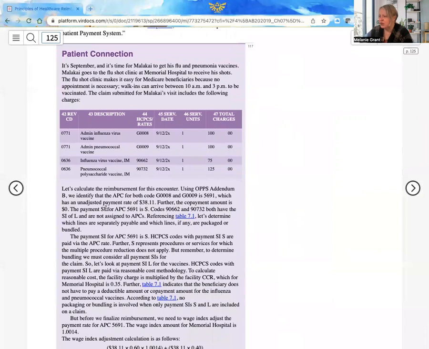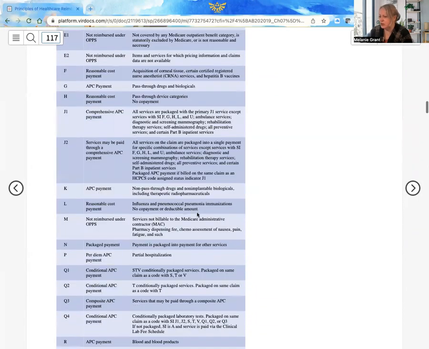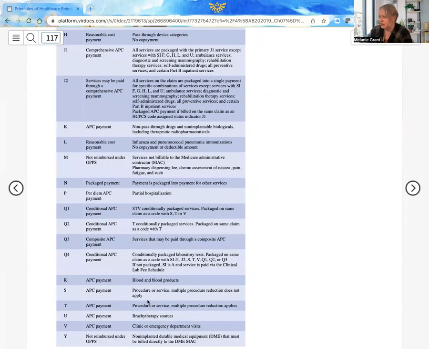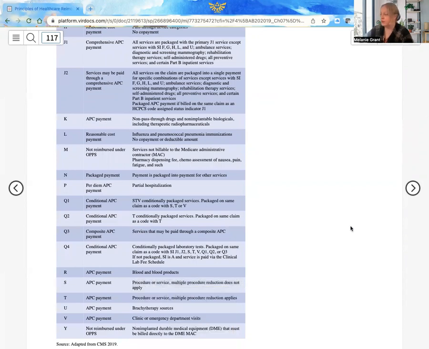With these types of service, there is no copayment because it has a status indicator of S. We can reference table 7.1 here to see what that looked like. So an APC payment, procedure or service, multiple procedure reduction does not apply. So we don't reduce their payment at all.